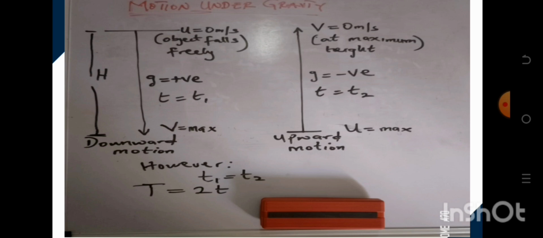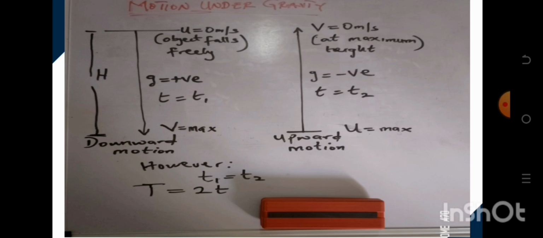When it gets to a maximum height, the velocity is 0, then the object starts dropping and coming back. Which means at the maximum height of any object you throw up, the velocity is 0 meter per second. Gravity is negative as you throw the object up. And the time for this part, we call it T2.